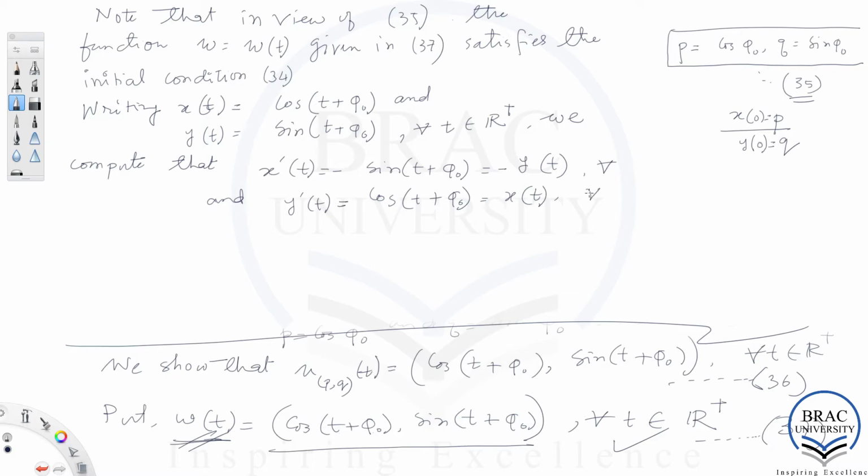They are both true as long as t is in the positive real axis.